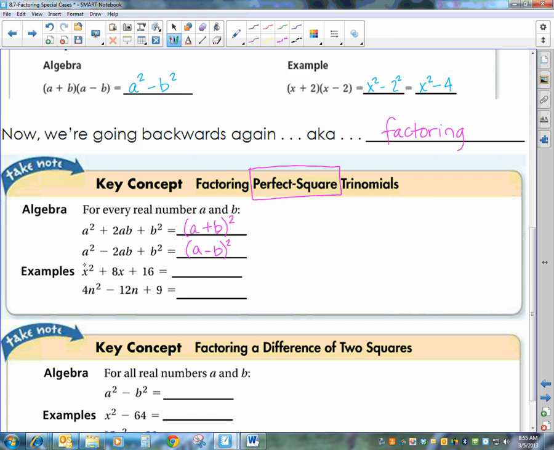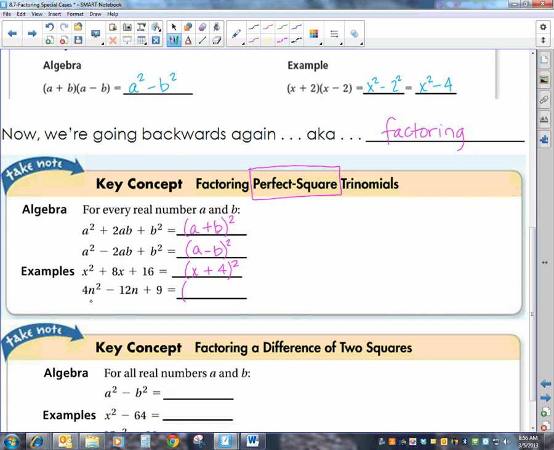Okay, have a perfect square and a perfect square. So take the square root of x squared, take the square root of 16, take the sign of your middle term, and then you square it. And if you multiply these two, x times 4 times 2, you get that middle term.